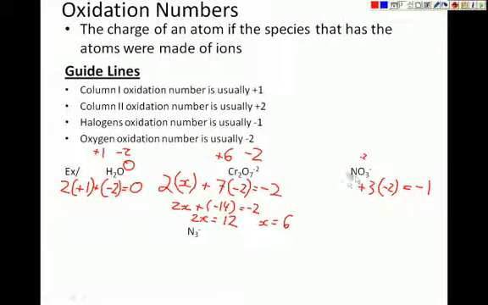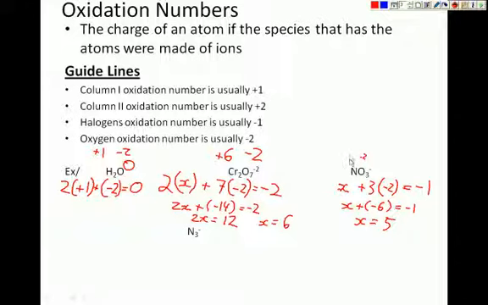Now, we don't know what nitrogen is, so we call it X. So again, we have X plus -6 equals -1, and X equals 5.